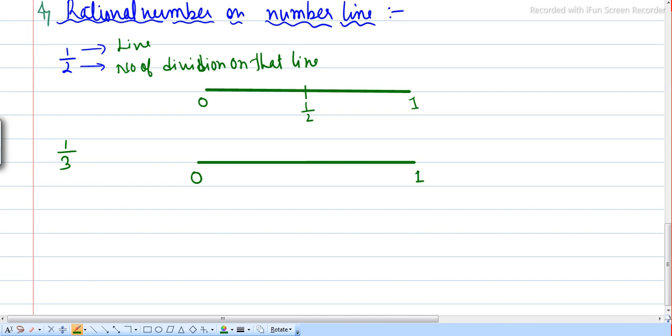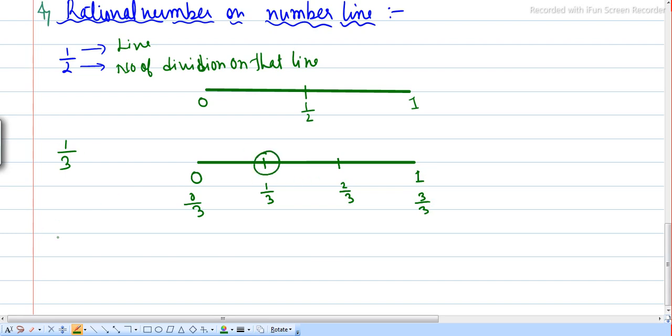I have to make 3 divisions. So you make here 3 divisions, 1, 2 and 3. So it is 0 by 3, it is 1 by 3, it is 2 by 3 and it is 3 by 3. I have already told you before that 3 by 3 is equal to 1. So this number lies here. So 1 by 3 is lying here.